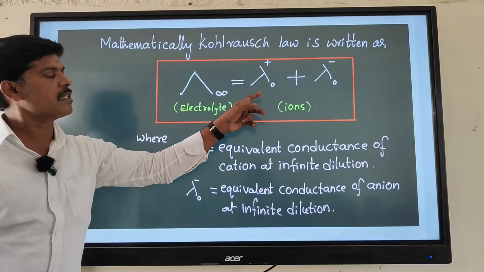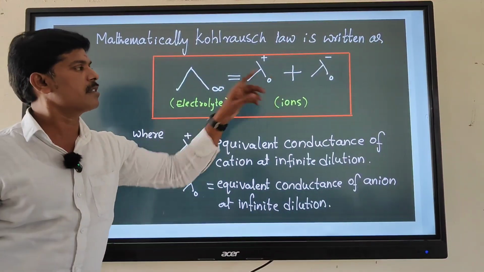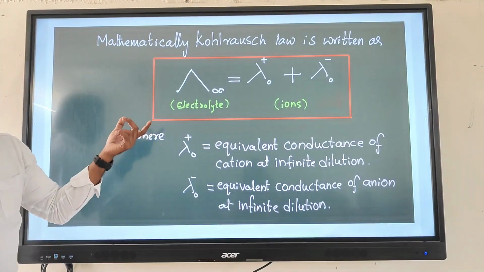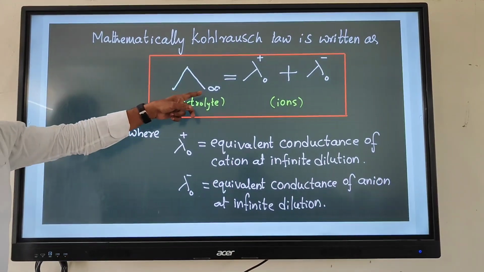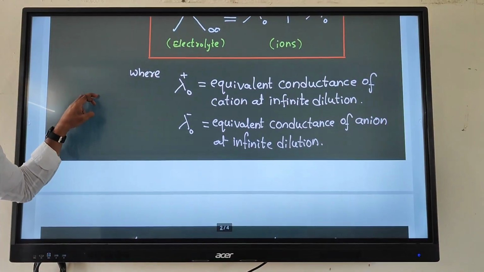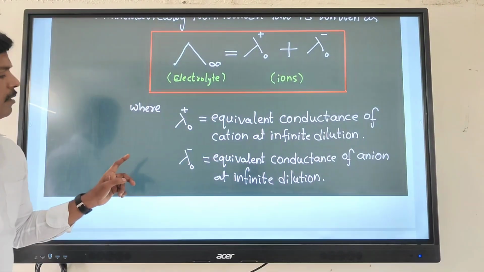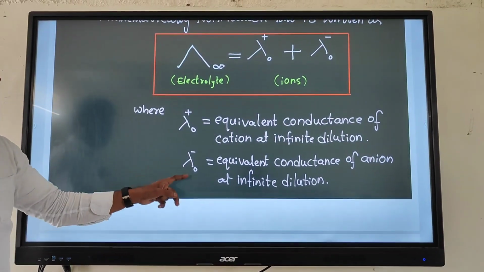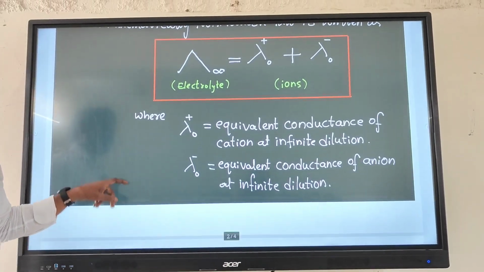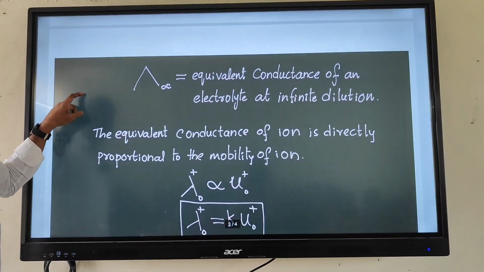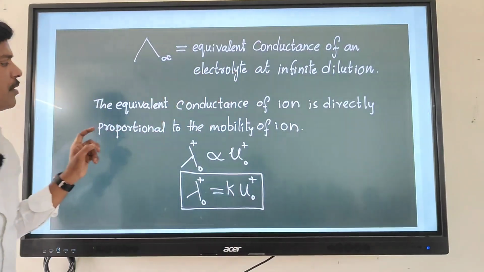So the algebraic sum of conductivity of ions at infinite dilution is equal to the equivalent conductance of the electrolyte at infinite dilution, where lambda naught plus is equal to equivalent conductance of cation at infinite dilution, lambda naught minus is equal to equivalent conductance of anion at infinite dilution, and lambda infinity is equal to equivalent conductance of an electrolyte at infinite dilution.